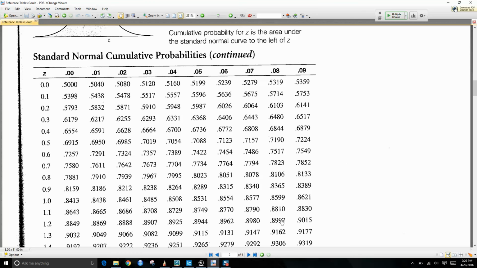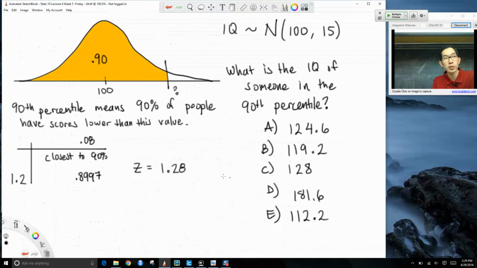That's about as close as we can get. So that's z is 1.2, and the column is 0.08. So that's going to be 1.28. Z is 1.28. This tells us that the score is 1.28 standard deviations above the mean.